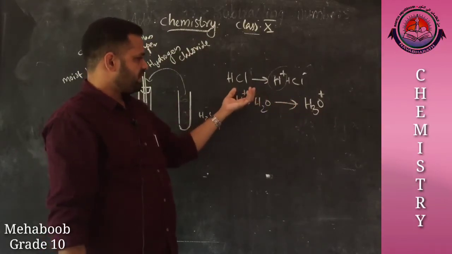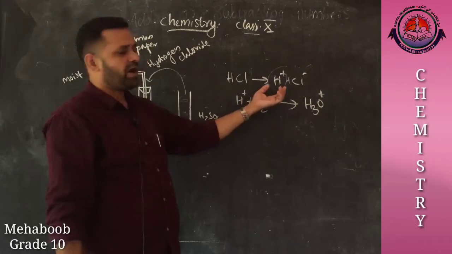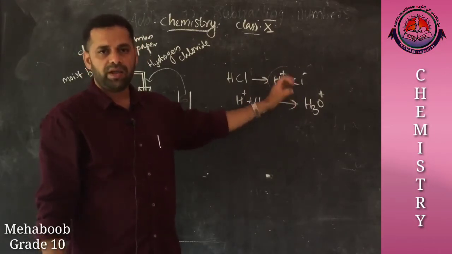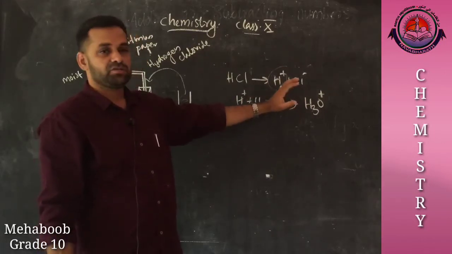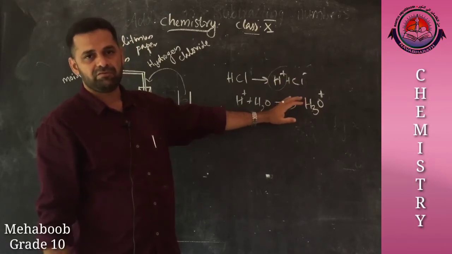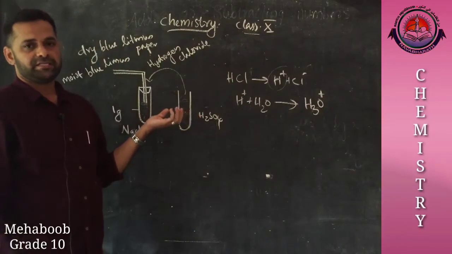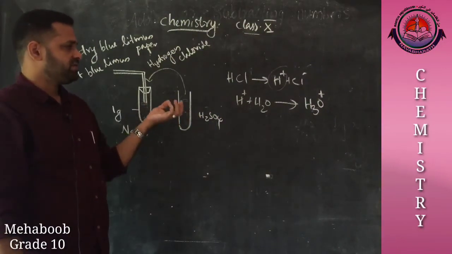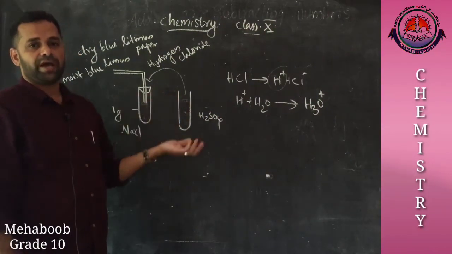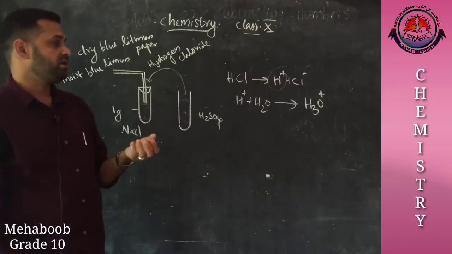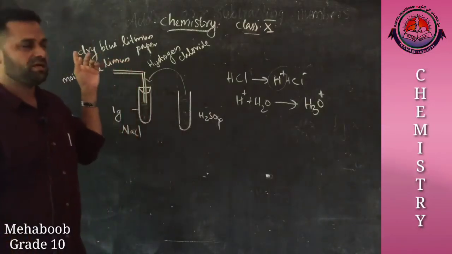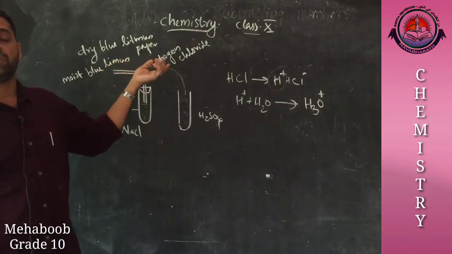That is why this type of ionization happens only in the presence of water. Acids show acidic behavior only in the presence of aqueous solutions, but in dry condition they will not ionize, so they will not give any color change in the litmus paper. Why? Because there is no ionization.